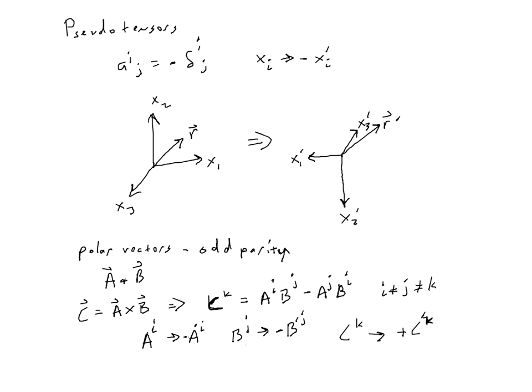So this is a way of constructing a vector such that there is no change in the vector, even though you flip the sign of everything. And so this pseudo vector has even parity, which means that even though you flip, it stays the same. It's also known as an axial vector in some places.